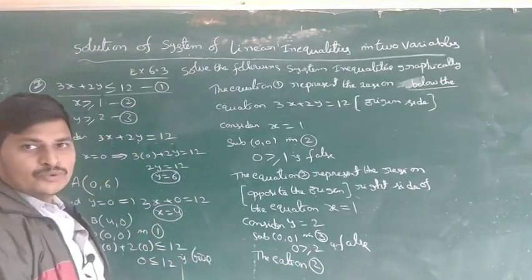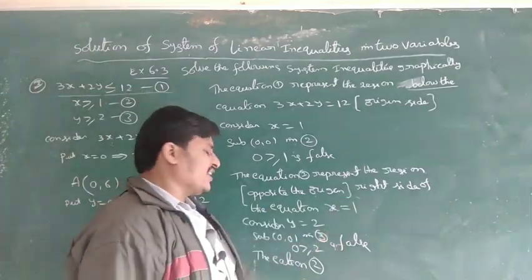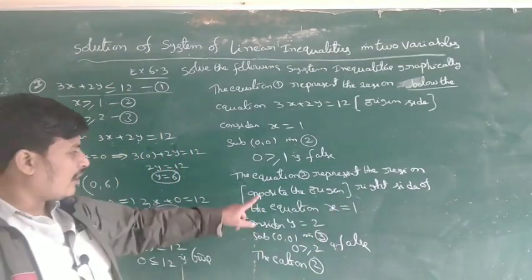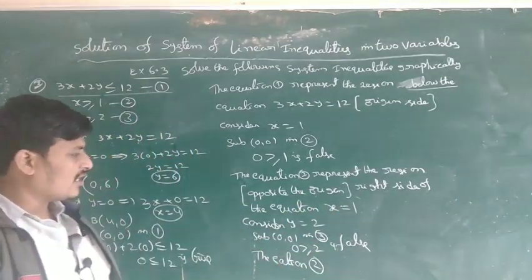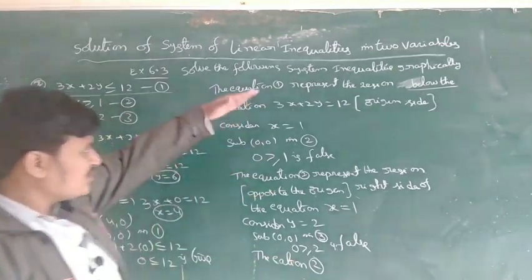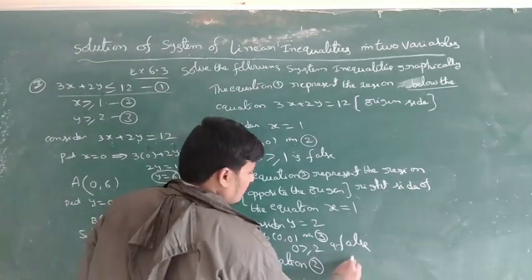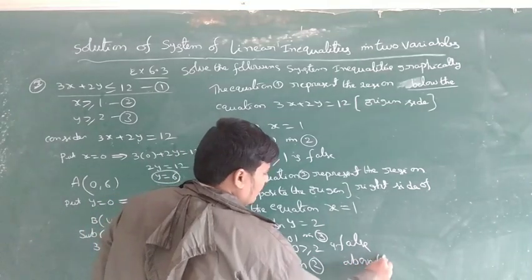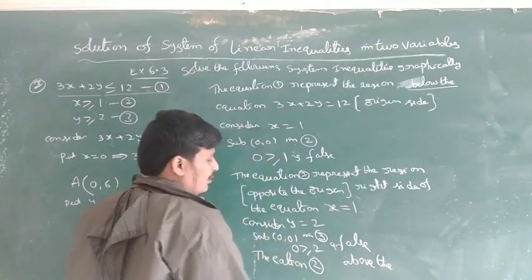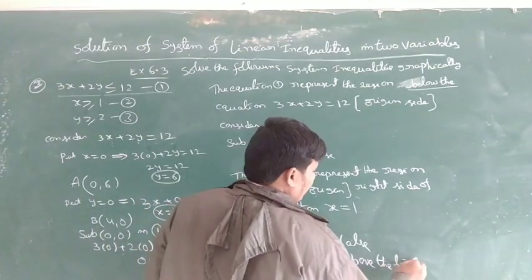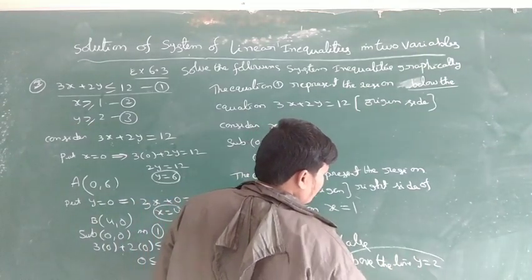Is false means inequality 3 represents the region opposite the origin. This is y, so opposite the origin means above the line y is equal to 2.